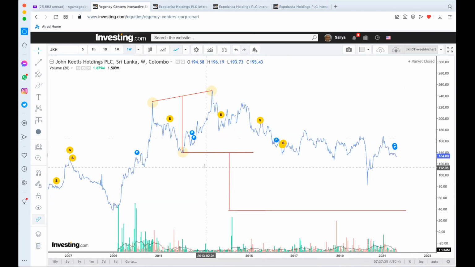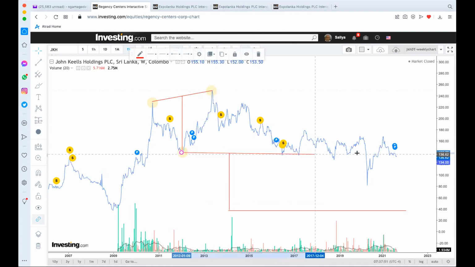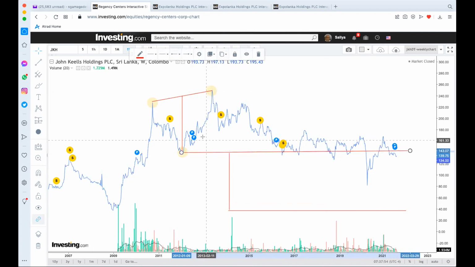But the message that I wanted to share with you is that when we make use of the patterns and the projections, we have the confirmation line, and incidentally, that's a support line. So automatically, you're drawing a support line and watching that support line, right? You can see that when the breakout took place, it was here. This is 139.75.